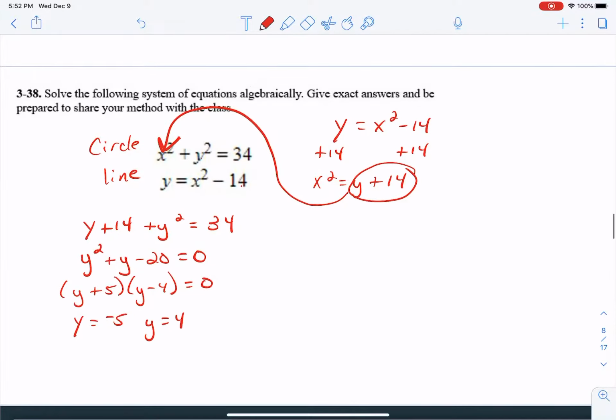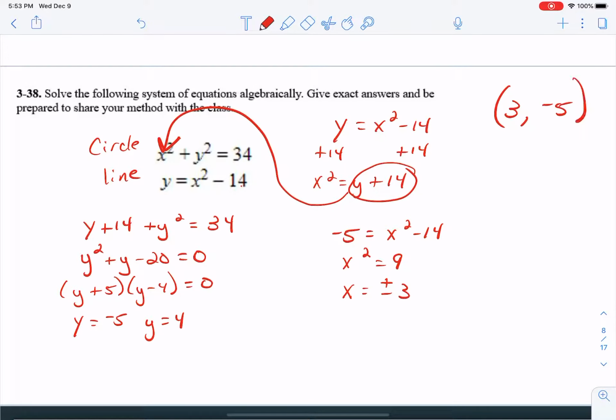So if y is equal to -5, x squared is equal to 9. So x is equal to plus or minus 3. So if I start to write out my solutions, when x is 3, y is -5. If x is -3, y is also going to be -5.